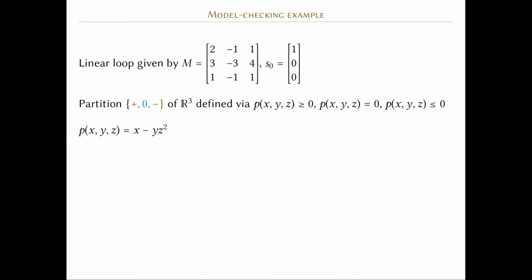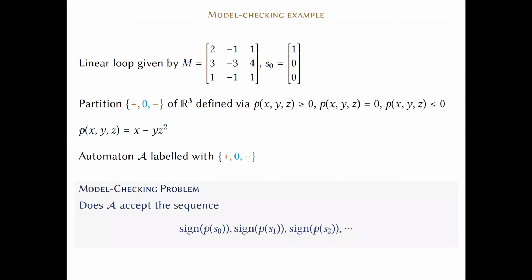And this polynomial is P of x, y, z equals x minus y, z squared. Suppose, in addition, we have an automaton A labeled with letters plus, 0, minus, corresponding to which of the three sets in our partition the points in our sequence will be.